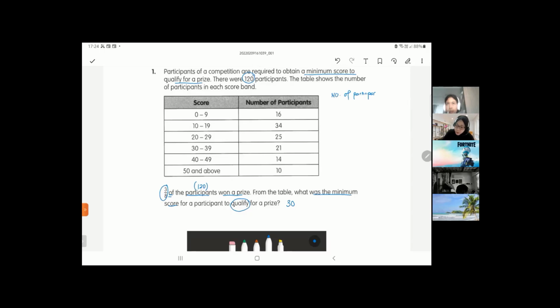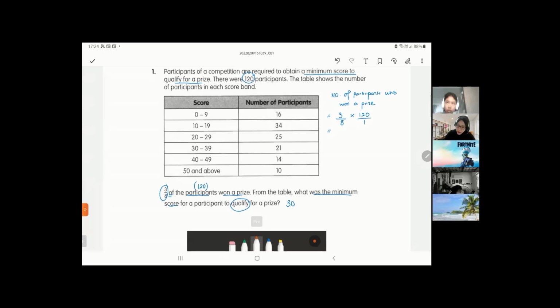So the number of participants who won a prize will be 3/8 times 120. No calculator for this section. So what can I do?